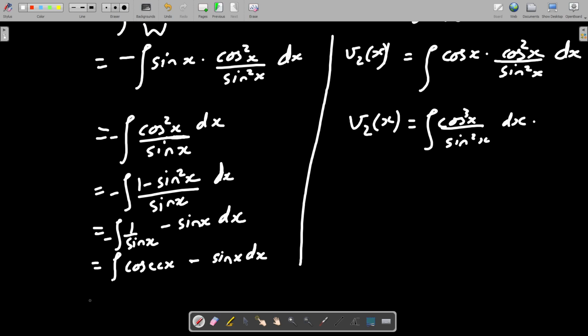No, the integral of cosec x, what is it? There had to be a formula, no? What is it?